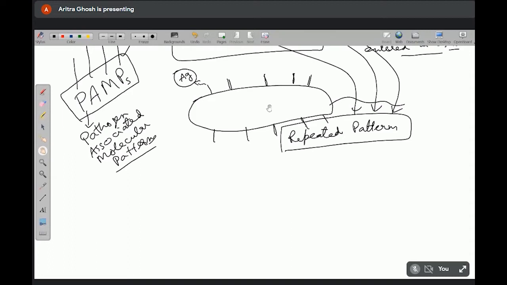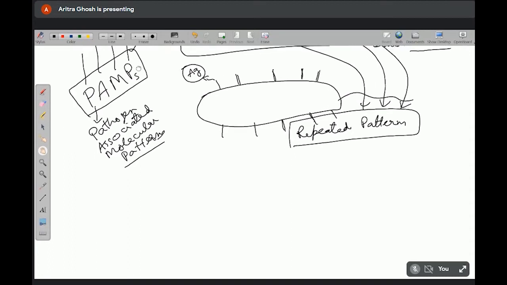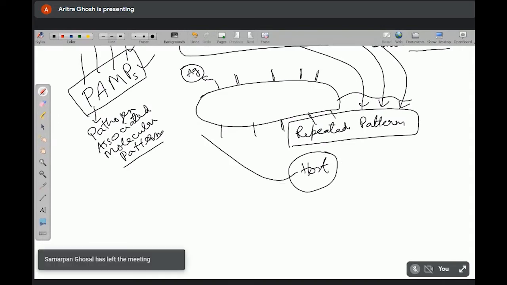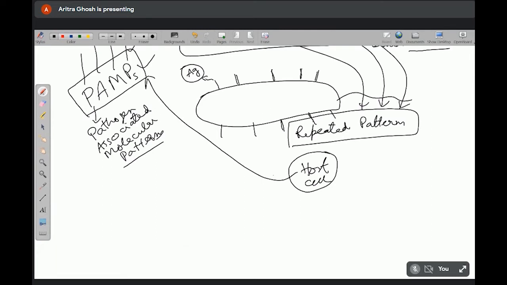We already know that in case of bacteria, there is a recognition pattern, that is pathogen associated. Overall I am not telling bacteria or viral, it's a pathogen. Whatever it may be, pathogen associated molecular pattern is in the microbe. Now in the host cell something must be there so that this host cell can detect this. Sir, will there be some receptor?